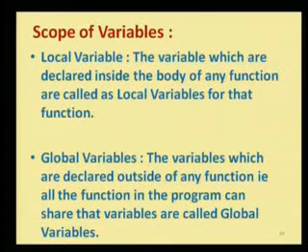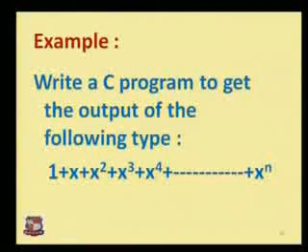We can say that a function which has a particular variable defines that variable inside the function, and these are called local variables. Global variables can be accessed from anywhere in the program. The variables which are declared outside of any function, so that all the functions in the program can share them, are called global variables.